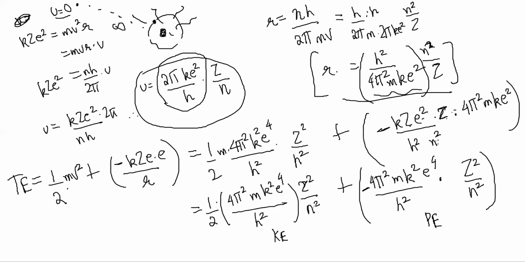You can notice that the magnitude of kinetic energy is half of the magnitude of potential energy. The magnitude of potential energy is 4 pi square something something z square by n square, and this is half of that. And you can notice now that if you add it properly, it will become minus half of this thing, z square by n square.